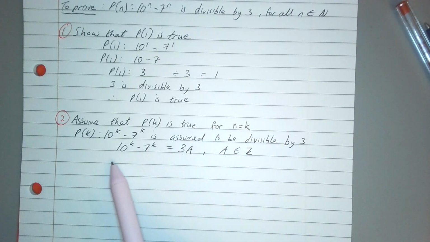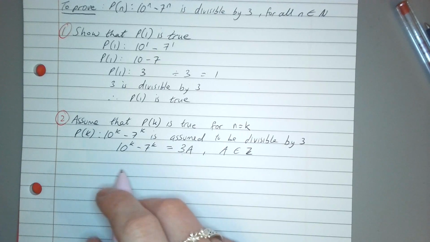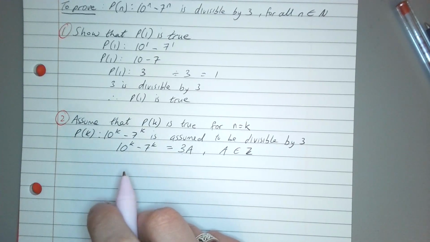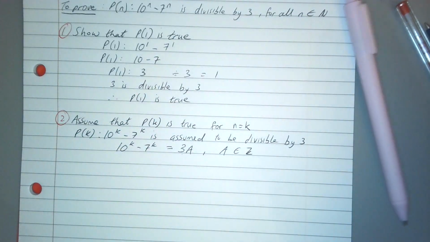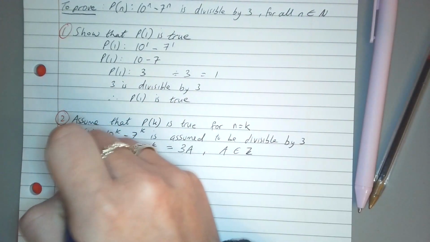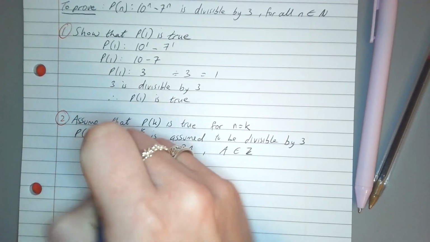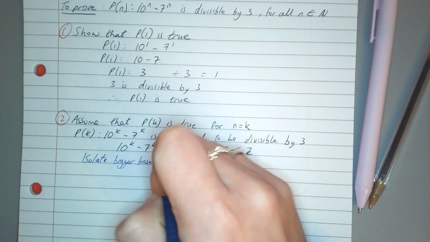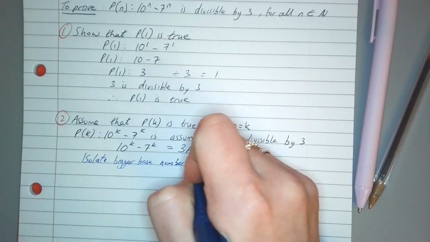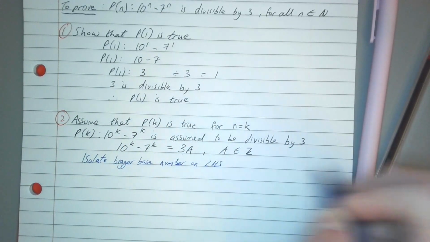So it's divisible by 3 if it's a multiple of the number. And then what we're going to do is isolate the bigger base number on the left hand side.